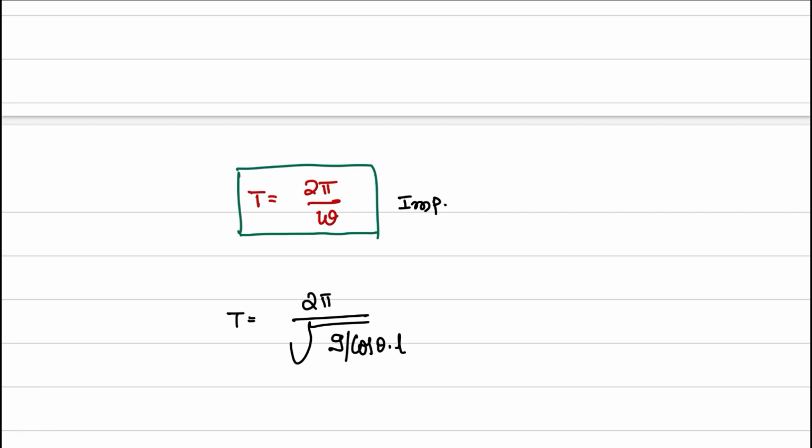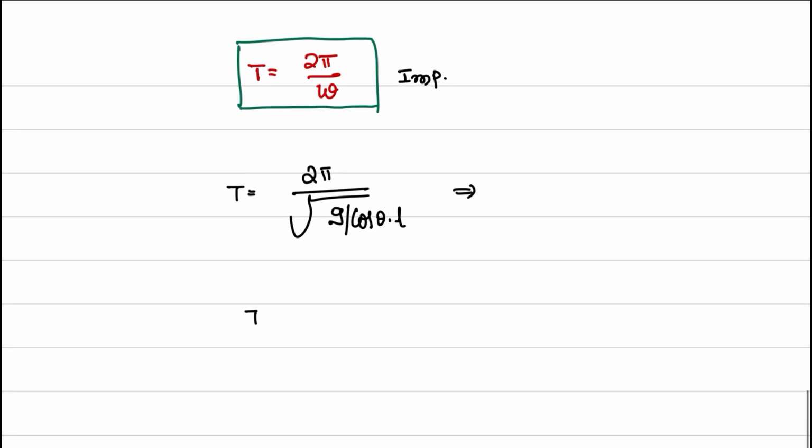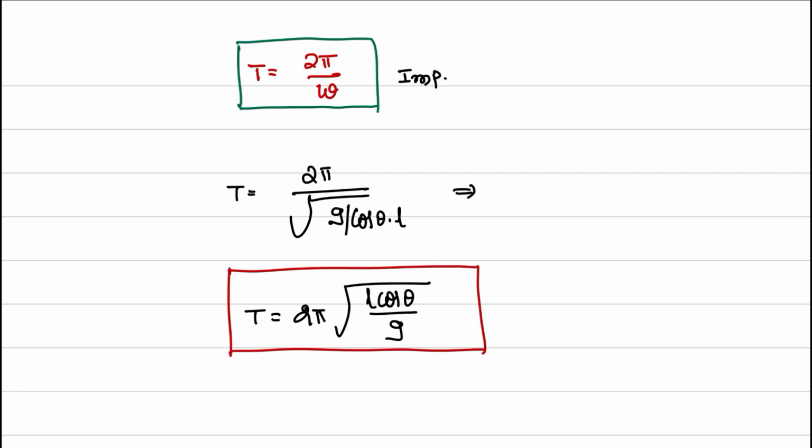That gives T is equal to 2 pi into square root of L cos theta by g. This is what was required, this is what we have proved.